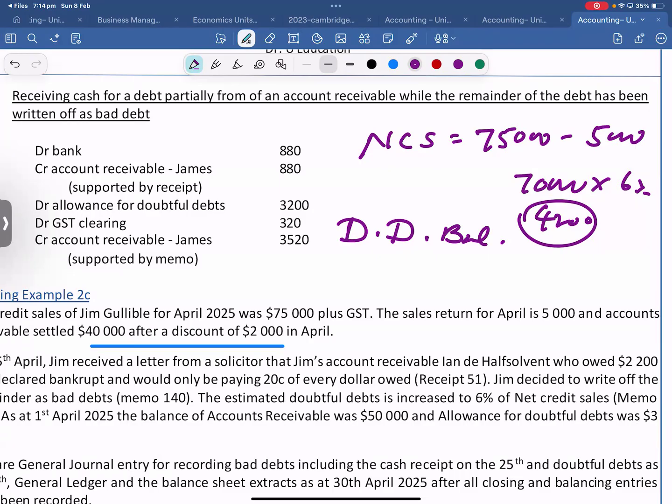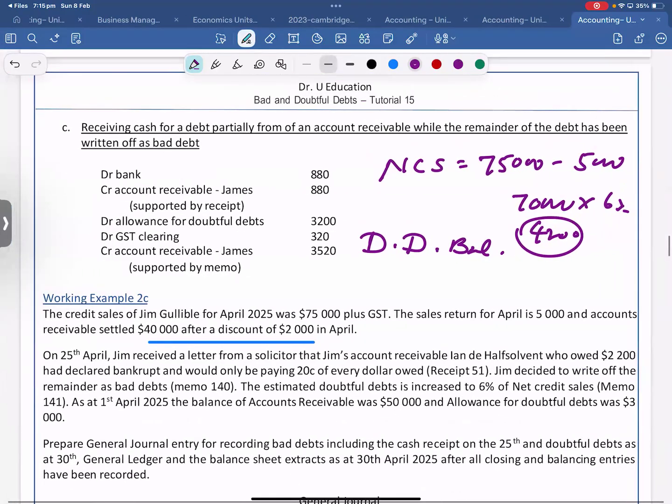No. There is no double entry for 4,200. What do you do with the 4,200? Yes, that's the closing balance. No double entry for this, okay? Don't do double entries for this one, wrong.